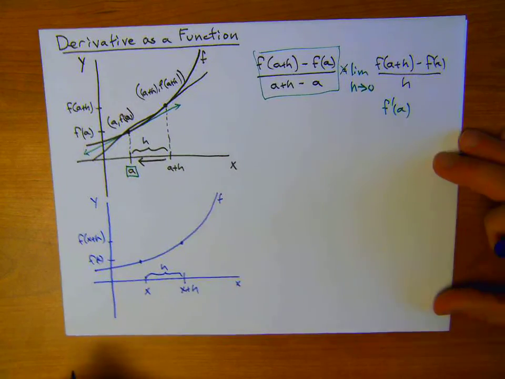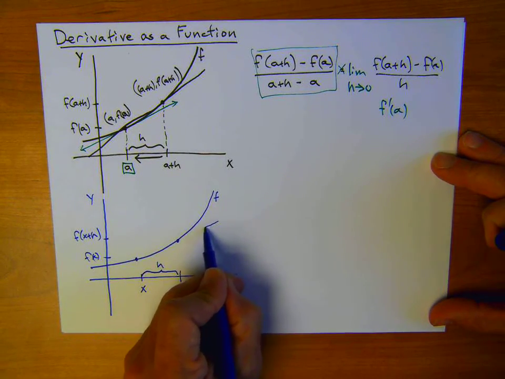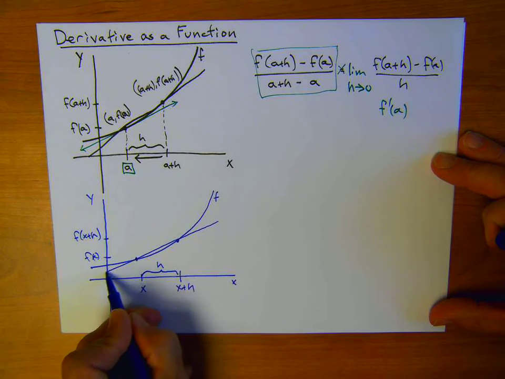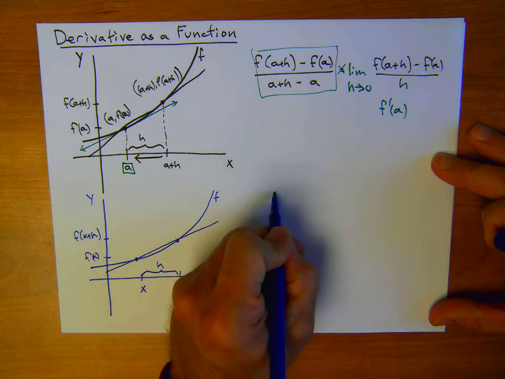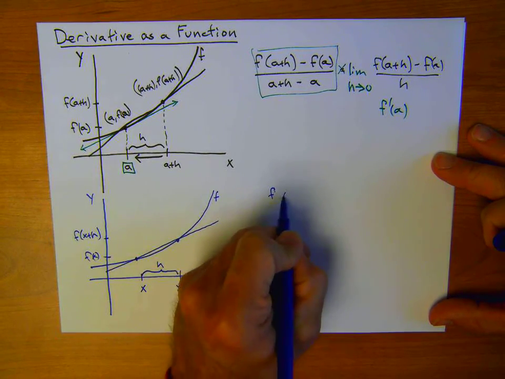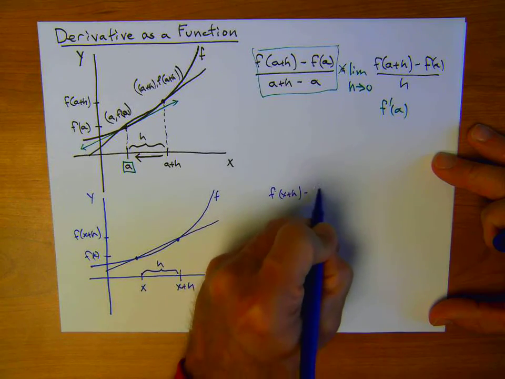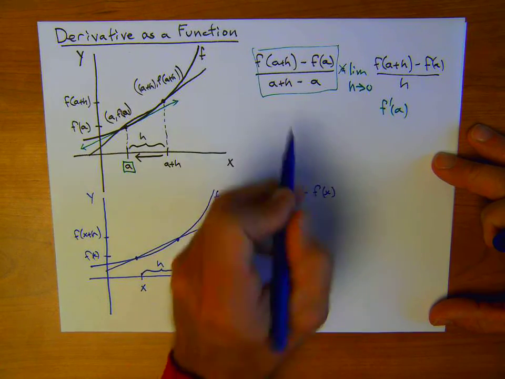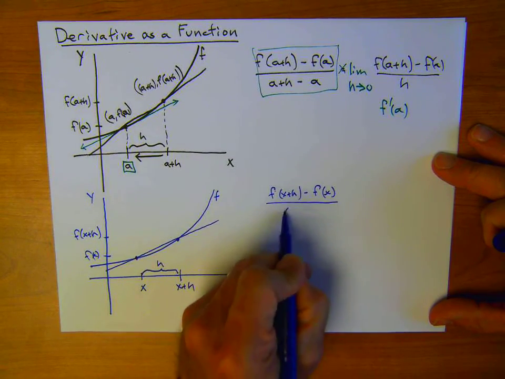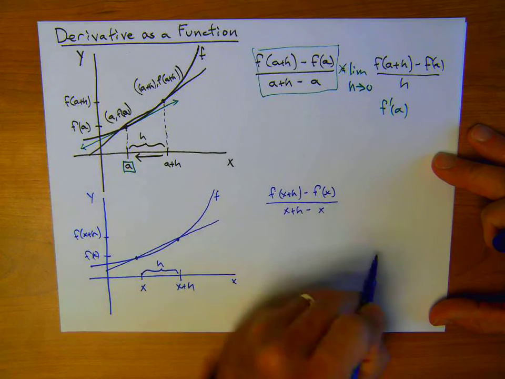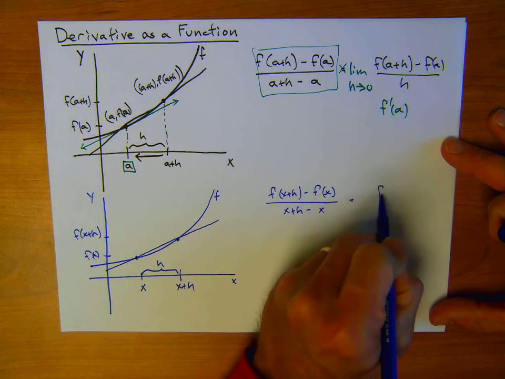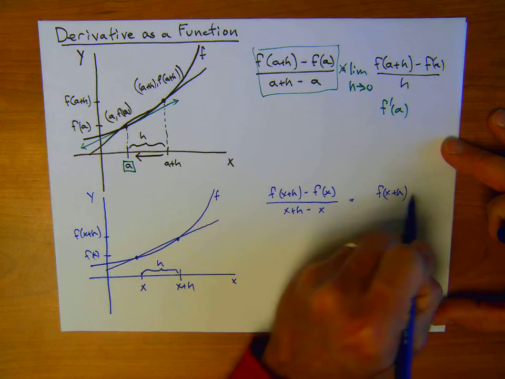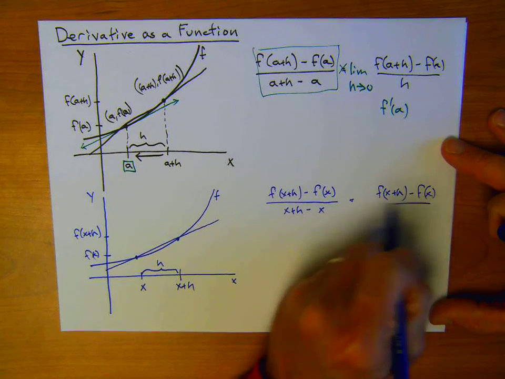Everything looks the same, right? So if I draw in the secant line a little bit straighter than the last one, once again, the slope of the secant line there is f of x plus h minus f of x over, I'll just go ahead and write it, x plus h minus x. That will simplify to f of x plus h minus f of x over h.